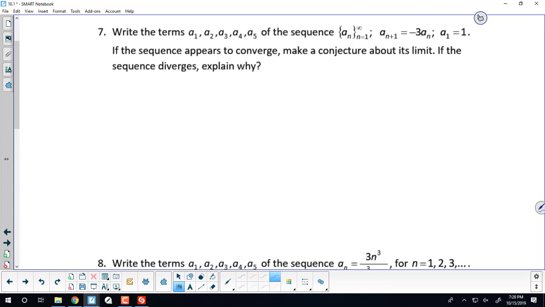So we have the sequence a sub n plus 1 is -3 a sub n, and the first term is 1. So we're going to look at this sequence of numbers and see if it converges or diverges. So a sub 2 is just -3 times the previous term.